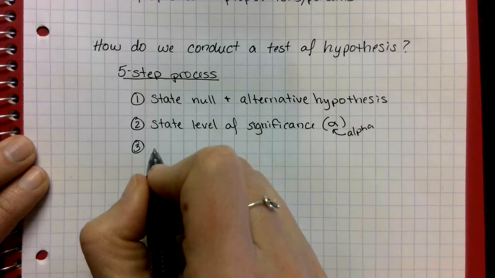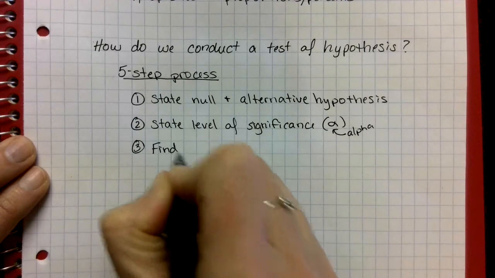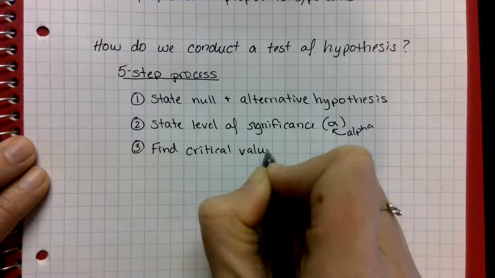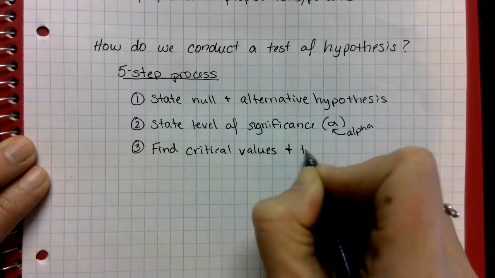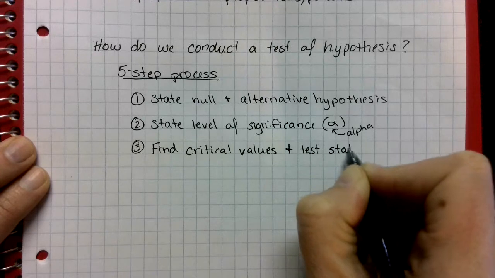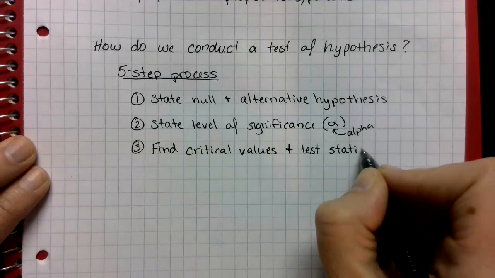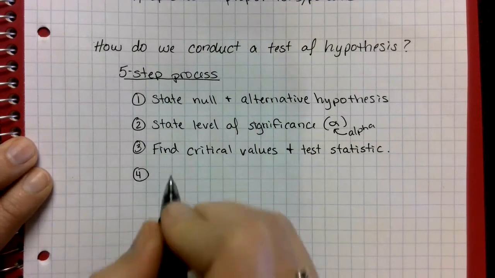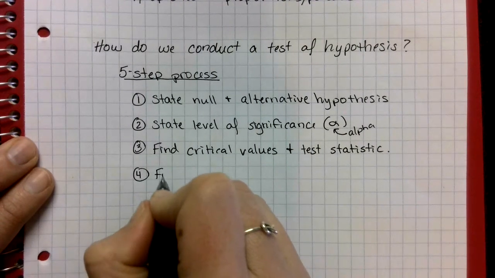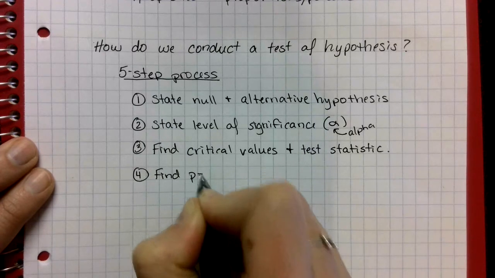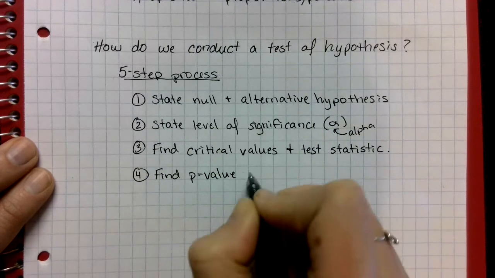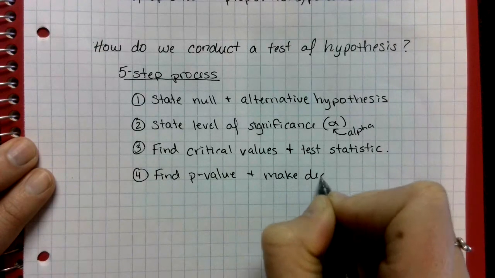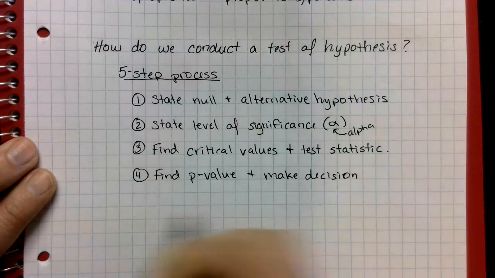Step number 3, find critical values and test statistic. Step number 4, find what is called your p-value and make a decision.